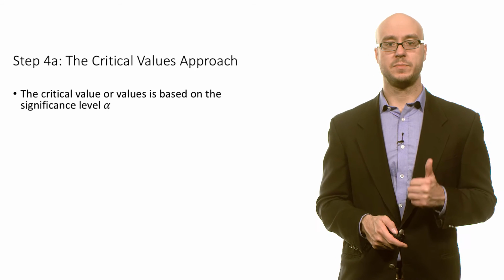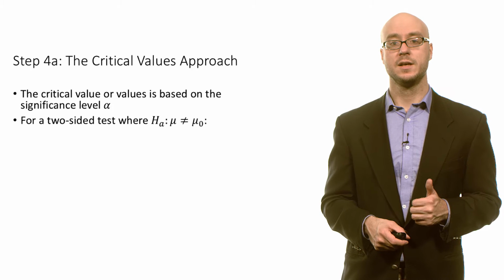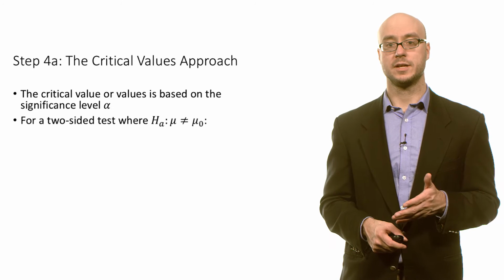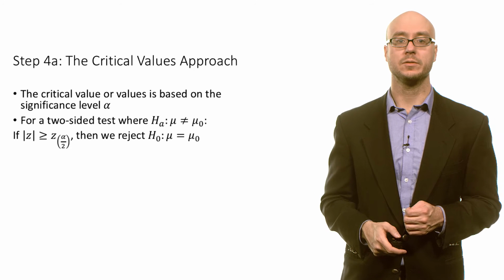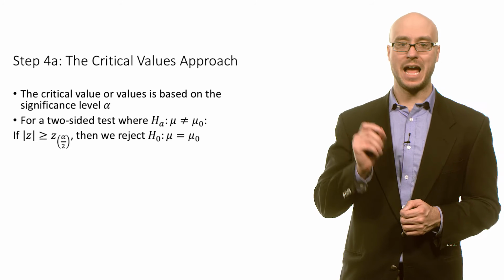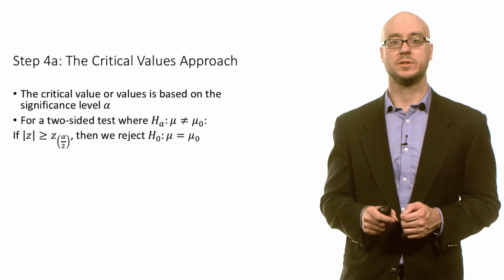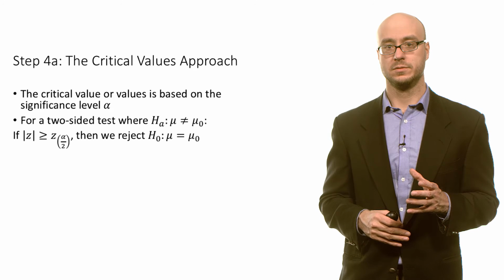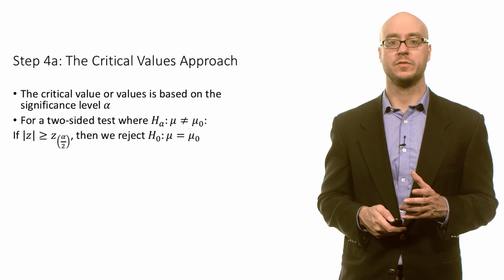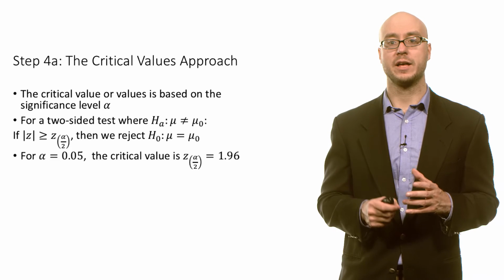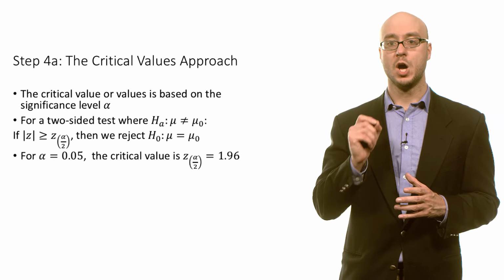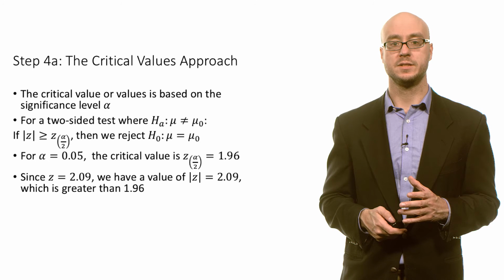The critical value is based on the significance level of alpha. So for a two-sided test, right, where the alternative is that the population mean does not equal the claimed value, if the z-test statistic in absolute value is greater than or equal to z alpha divided by 2, then we're going to reject the null. So for alpha of 0.05, the critical value of z alpha divided by 2 is 1.96.